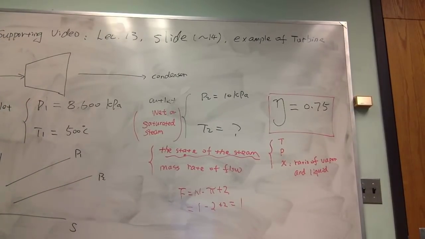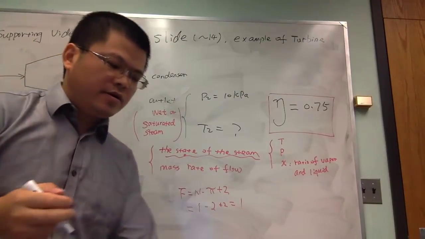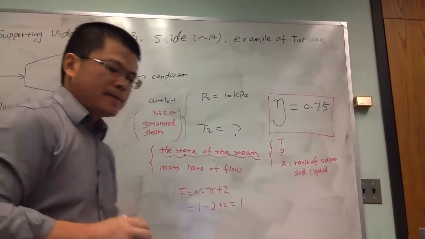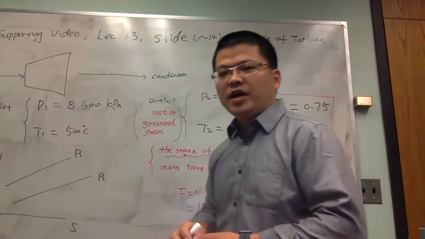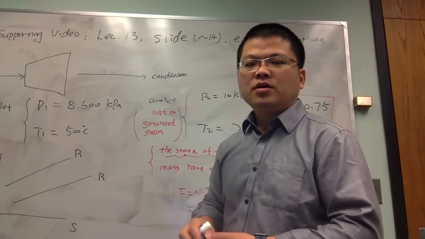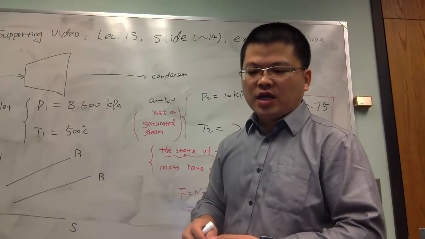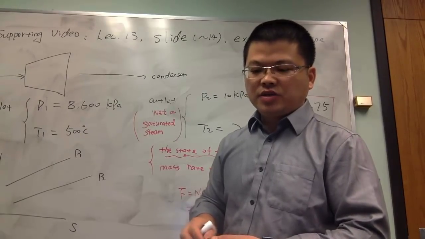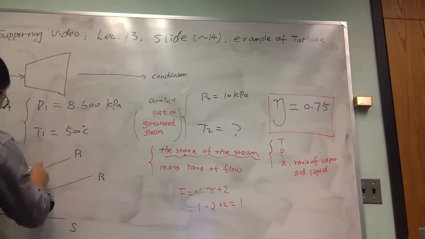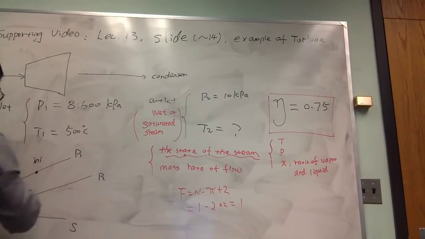For the turbine or expander, we are going to start with a hot fluid with larger enthalpy. So this is my starting initial state. And then I'm going to assume this isentropic process. This is the maximum efficiency.